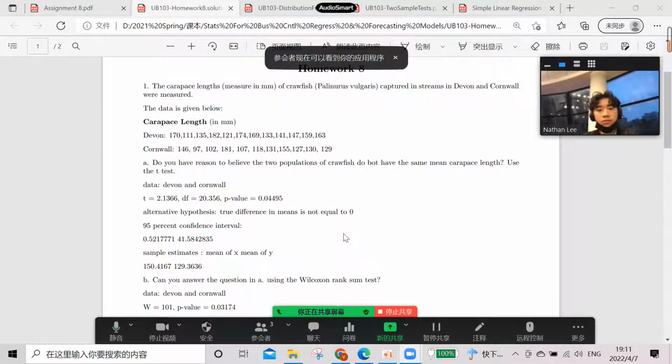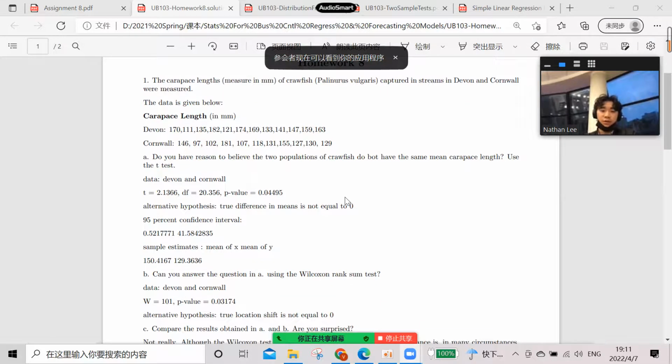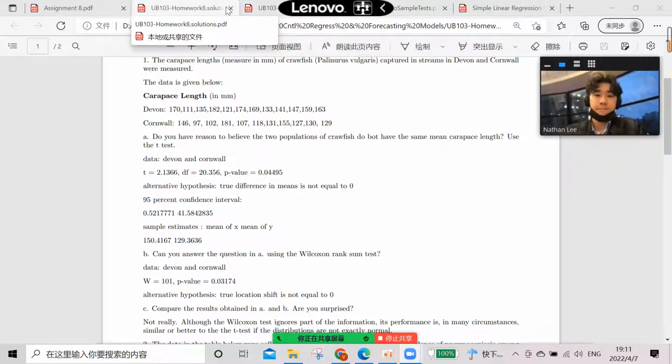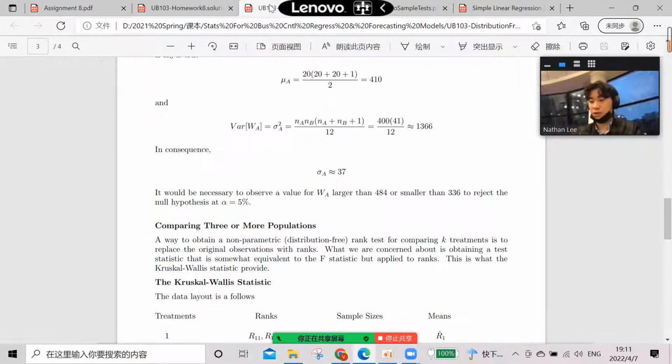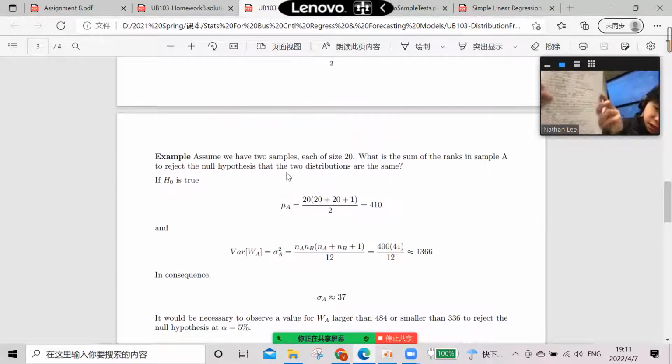You mean part A or part B? Oh yeah, for part B, for the Wilcoxon test. Actually, I had that slide. Maybe have that slide. This is work I did.